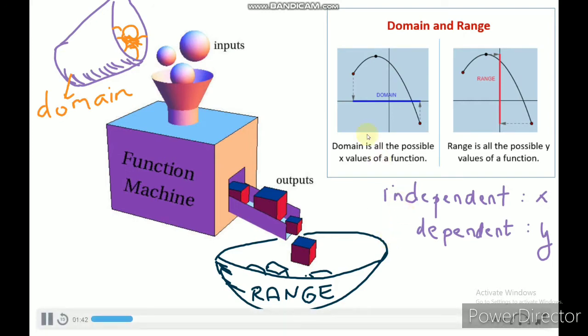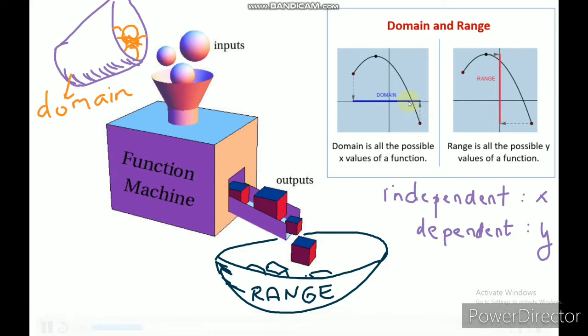From the graphing perspective, you can see that the domain is all values of X that are depicted by your graph. So you always use the perspective from left to right. What is the most left possible value of your X and the most right possible value of your X?